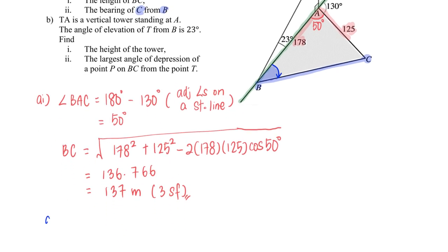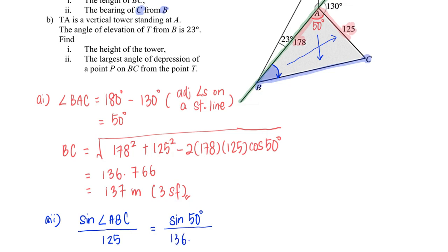So for part 2, I'm going to use the sine rule, where I will have the sine of angle ABC over 125 is equal to the sine of 50 degrees over 136.766, which is my BC.